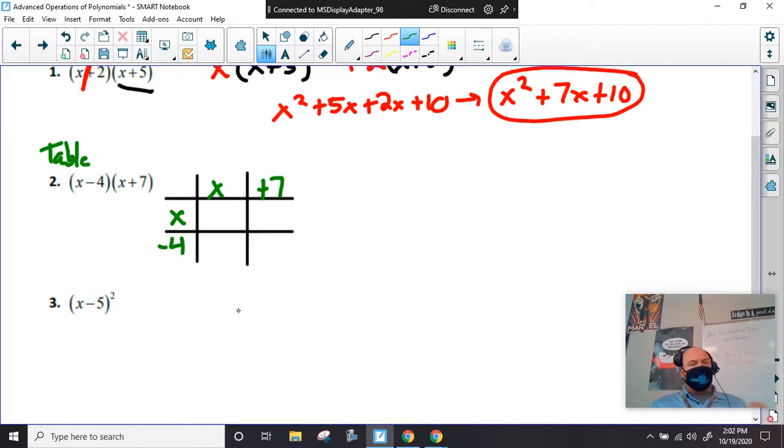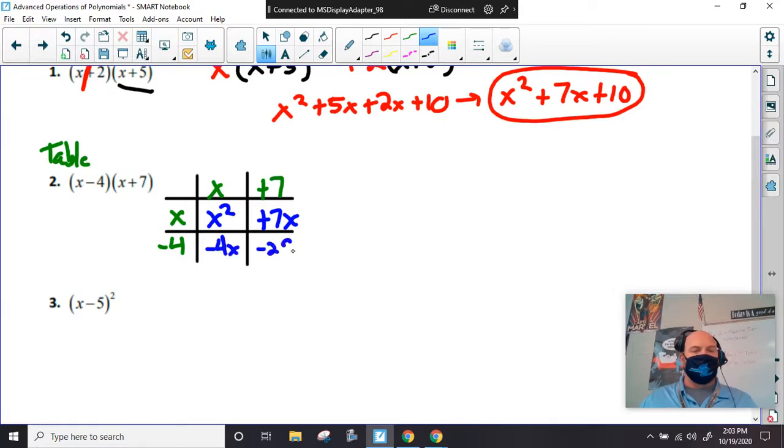So now what goes on the inside of it is actually what we get when we multiply these things. So x times x is x squared. x times plus 7 is plus 7x. This is minus 4x.